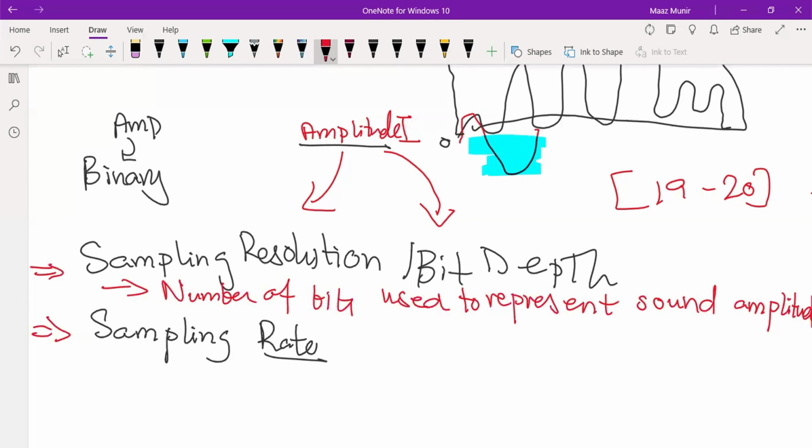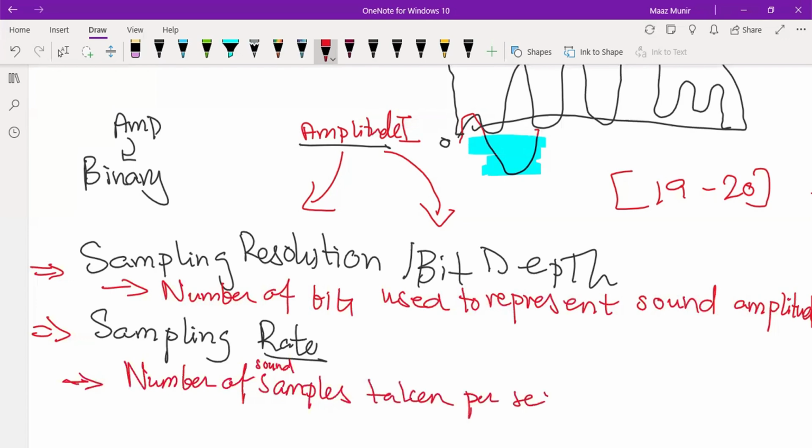So sampling rate basically refers to the number of sound samples taken per second. Now, this is something very important again, because the larger the sampling rate, the better the sound quality would be.